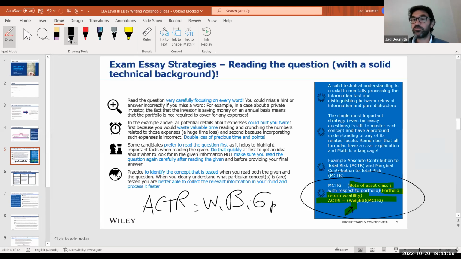A second type would be to have some intuition, saying: okay, fair, definitely the contribution of an asset to the total risk would be related to its weight. Also, definitely it's related to how sensitive it is. But then again, the risk of the portfolio. Some intuition would be to say, the riskier the portfolio and the more sensitive the asset is, the riskier the asset, because beta is the sensitivity of the asset in respect to the portfolio.